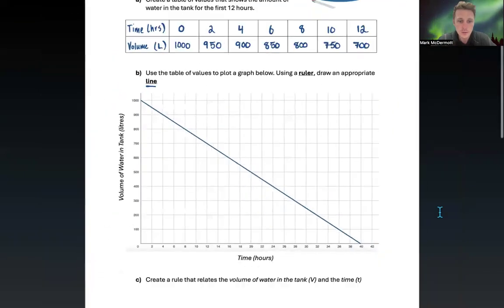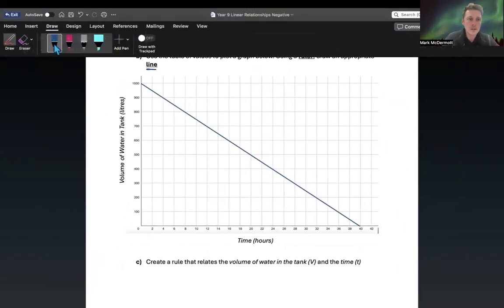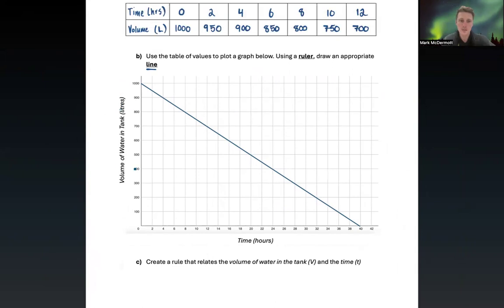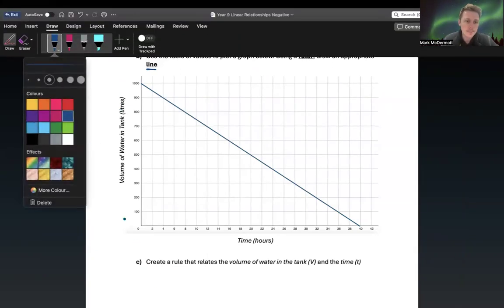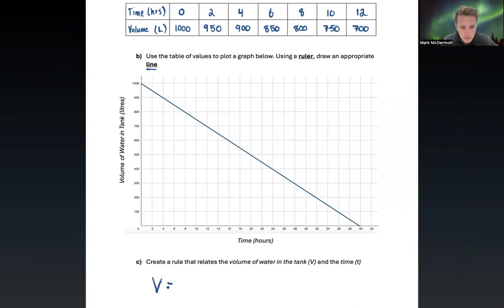Now, if we think back to what we've learnt in previous lessons, we know that whatever's on the y-axis, the vertical axis, is going to be on the left-hand side of the equation. So we're going to say V equals, okay, it's the gradient. Now we need to be careful what the gradient is here.